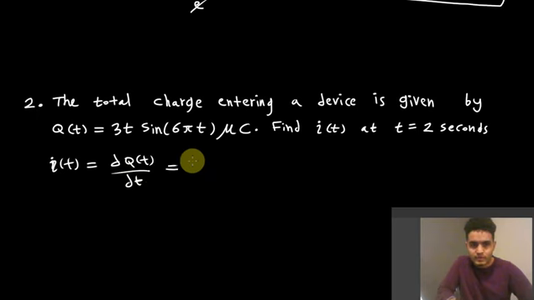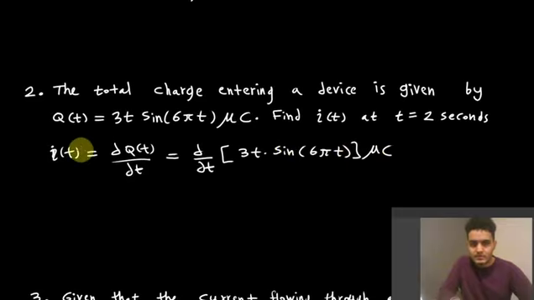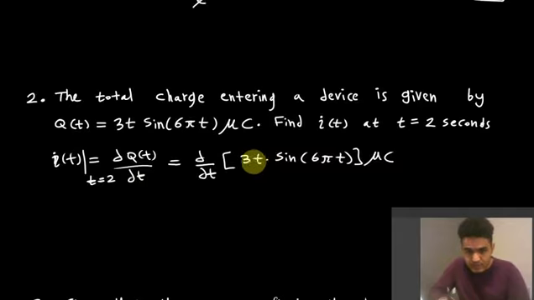So now what we're going to have is the derivative of 3t times sine 6 pi t, and that is all in microcoulombs. Now we have to remember that that is for t equals 2 seconds, but I will plug that in at the end, which is typically what you want to do when you perform these operations. So let's see, we're going to have to use the product rule here. So let's first take the derivative of this guy.